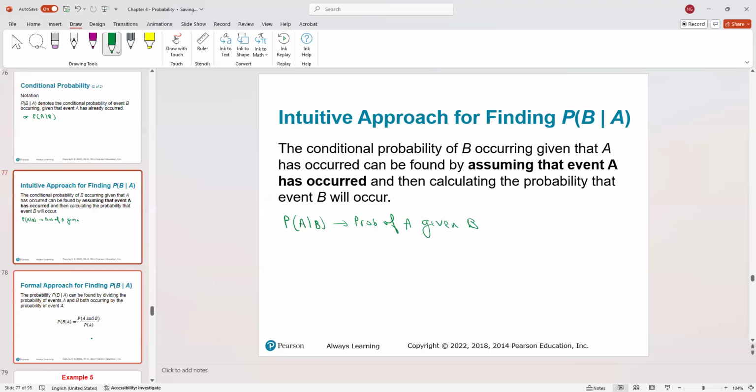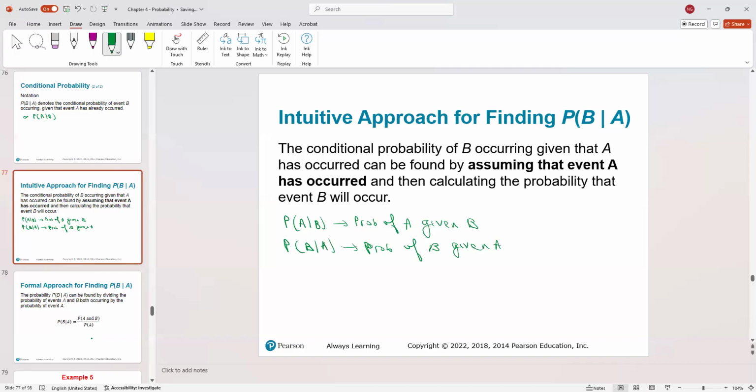Or you can say probability of B given A, right? So remember, it denotes the conditional probability of event B occurring given that the other one has already occurred, right? So we know that already, and we can verify it. That's something you can verify all the time.